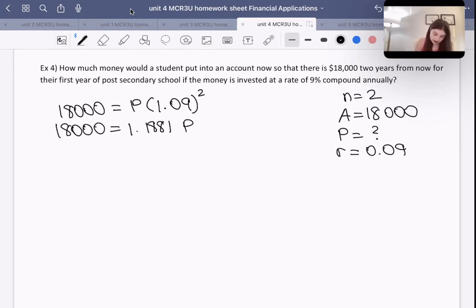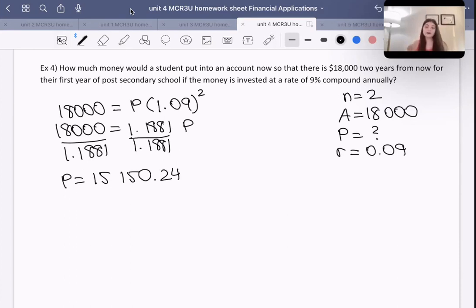So let's divide both by 1.1881 to find out that P is equal to $15,150.24.